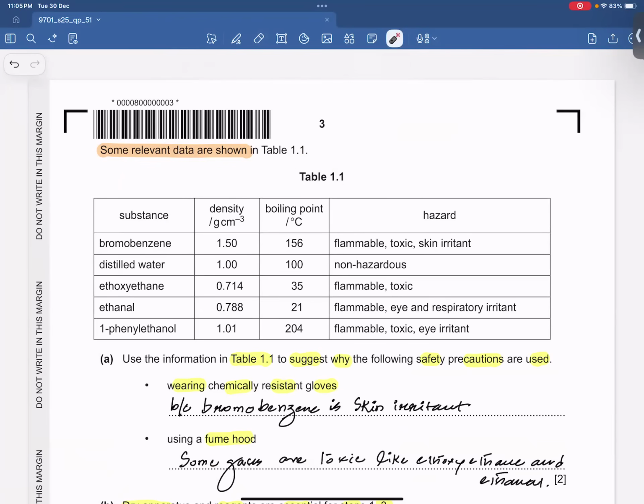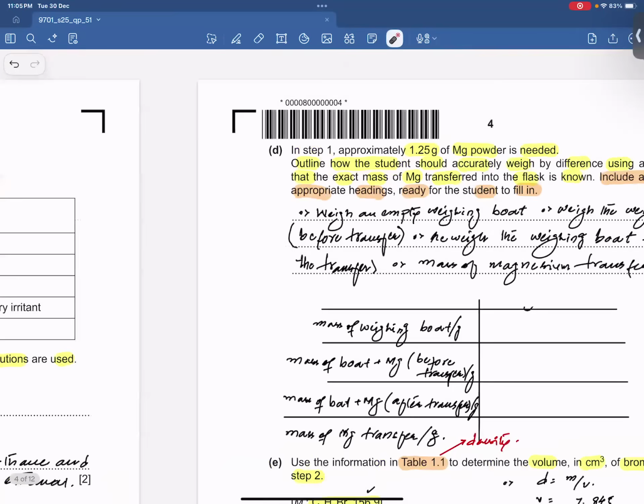See, the density of water is greater than ethoxyethane, which means ethoxyethane is lighter than water. Which is why ethoxyethane has to be in the layer which contains 1-phenylethanol with ethanol. Okay?